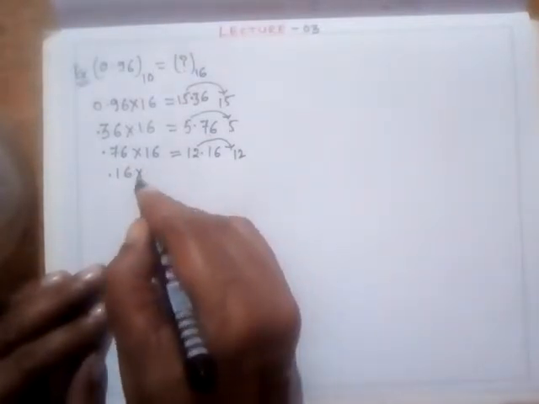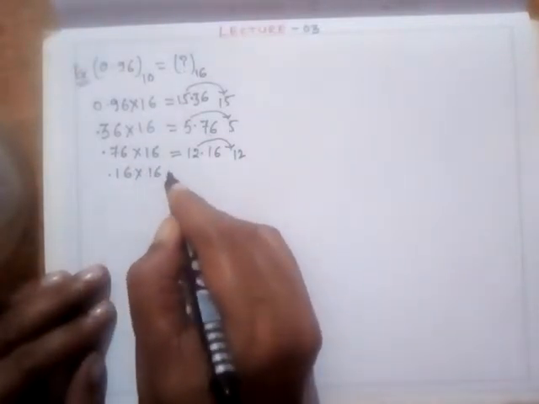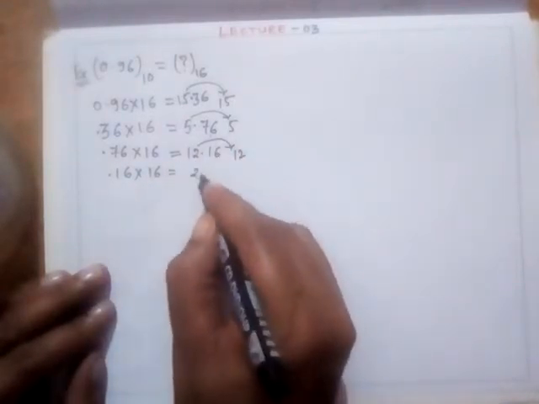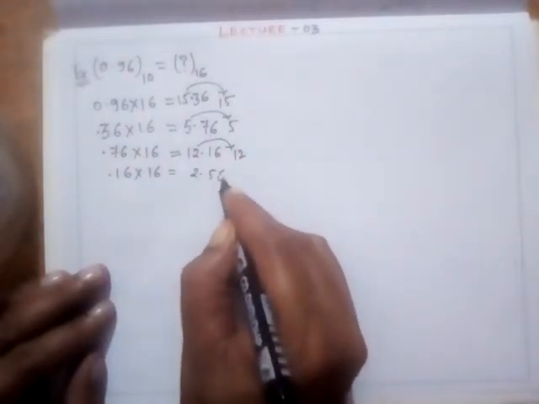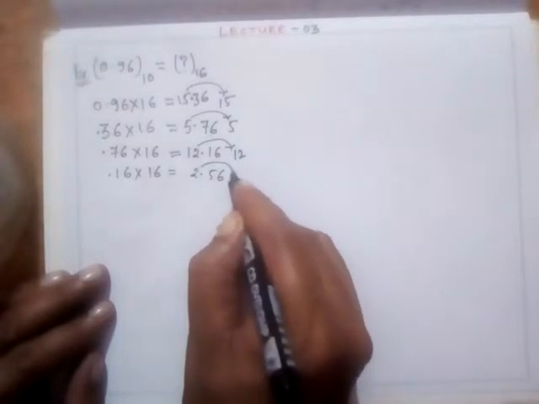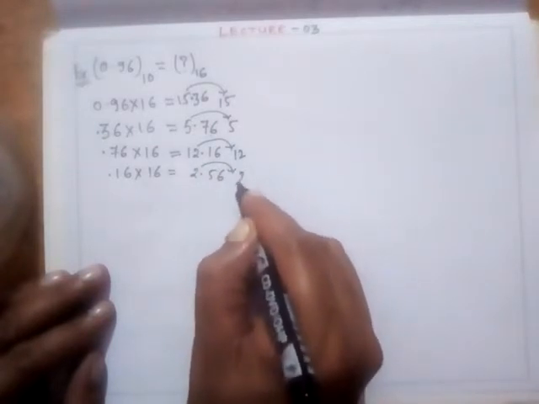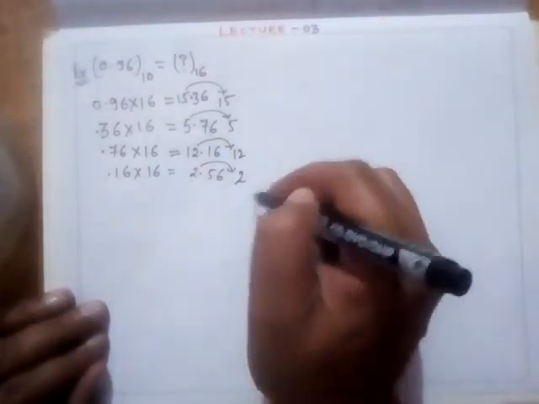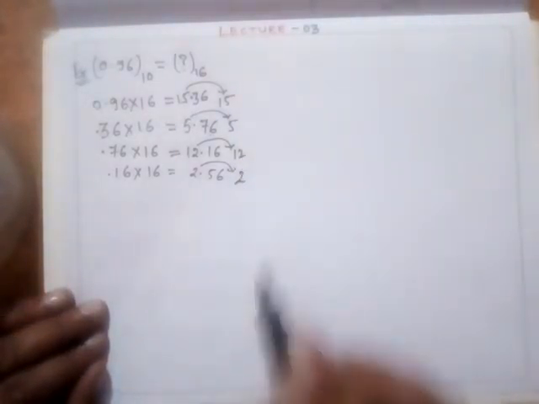Then 0.16 multiplied by 16: 16 into 16 is 256, so it is 2.56, and I write this 2 here. And now I have to write this in the forward, normal order.